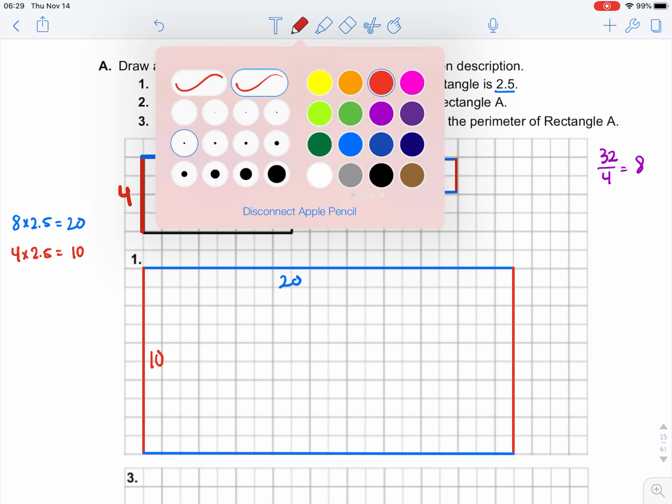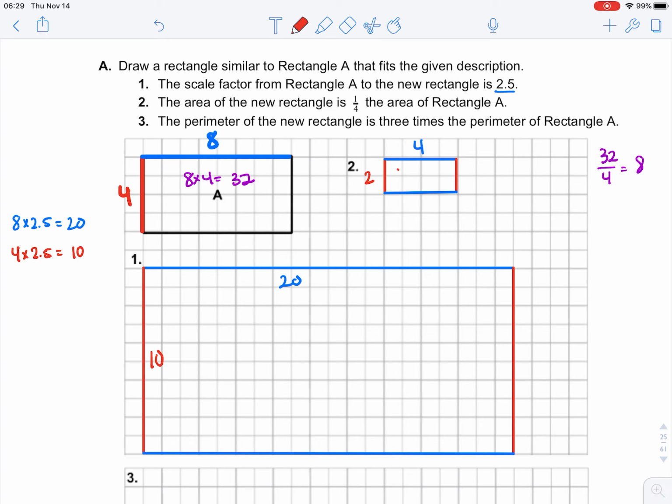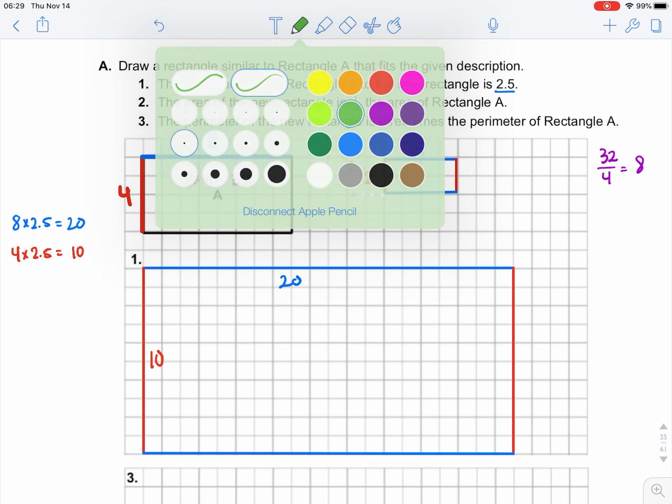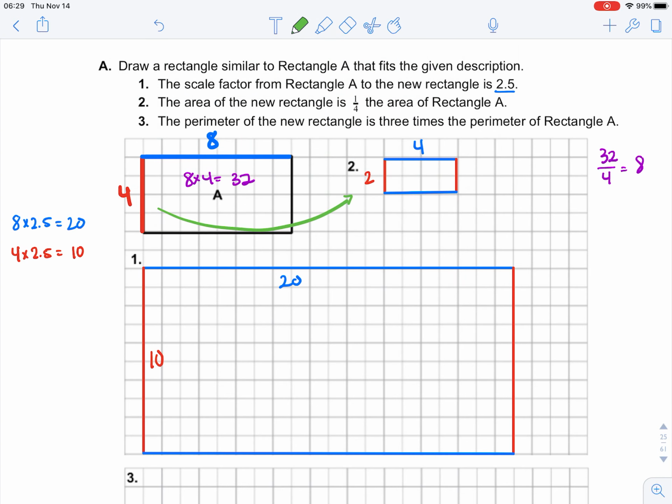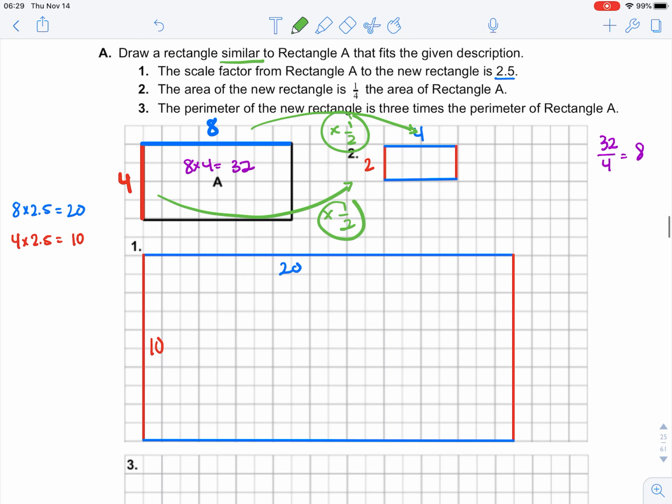Let me put the 2 back outside. 1, 2, 3, 4, 5, 6, 7, 8. That looks good. And the amount of change from one to the next is times 1/2, and the amount of change here is times 1/2. Oh, good. These numbers need to be the same in order for them to be similar. Okay. All right. So far, number 1 and number 2 are all done.